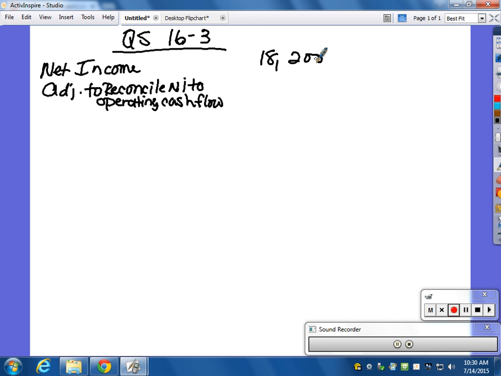Okay, so what's the first thing under operating cash flow do you list? What's the first line item? Accounts receivable?